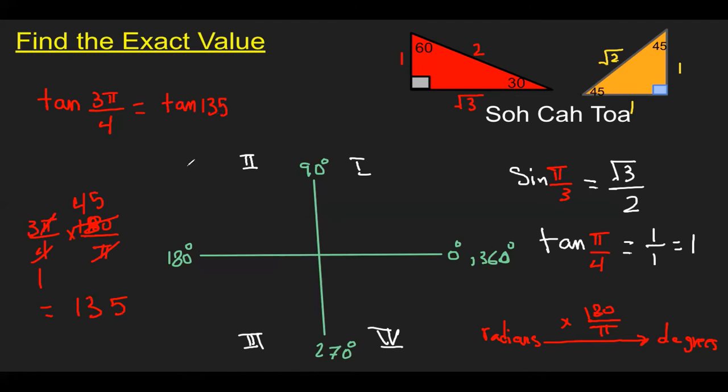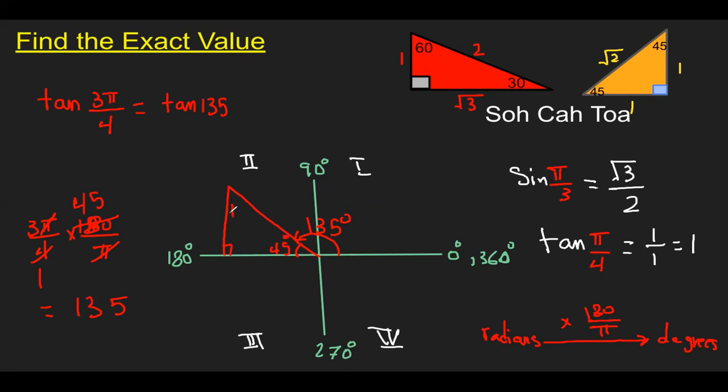And then we go back to just dealing with degree measure in angles, and tan 135. So we draw the 135 first. So 135 happens to be in the second quadrant because it's between 90 and 180. Make the triangle, my reference triangle. As we said, this is 135 degrees here. So the reference angle to 135, you go 180, take away the 135, and it gives you 45 degrees.